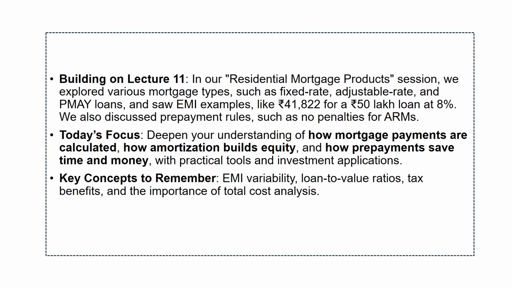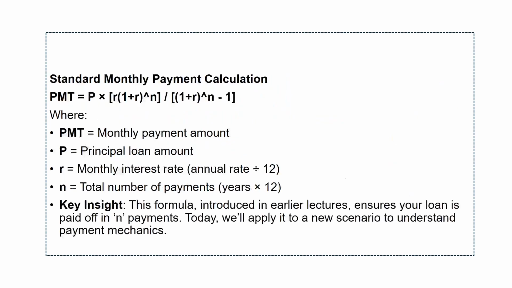Today's focus is to deepen our understanding of how mortgage payments are calculated, and how amortization builds equity, and how prepayment saves time and money, with practical tools and investment applications. Key concepts to remember: EMI variability, loan to value ratios, tax benefits, and the importance of total cost analysis.